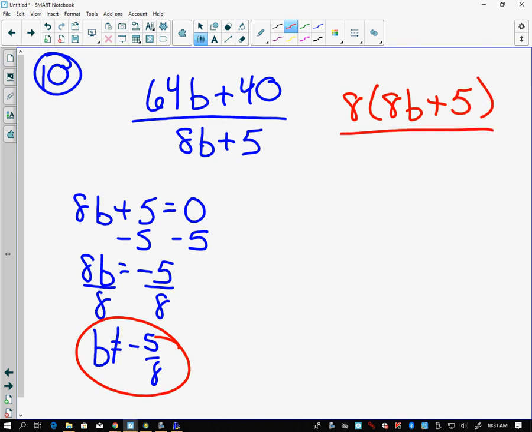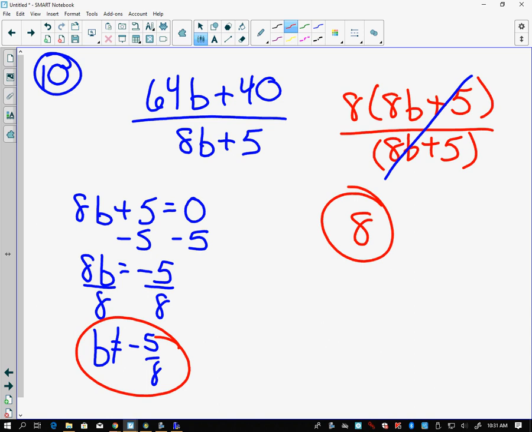And I'm going to put that back over what? What happens to my 8b plus 5s? They cancel, leaving me with an answer of 8. So this is my second answer. I need all of that work. Just because this is a really good example doesn't mean that you can jump straight to an answer and expect to get credit.